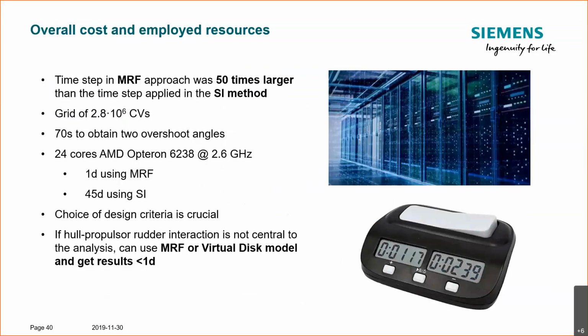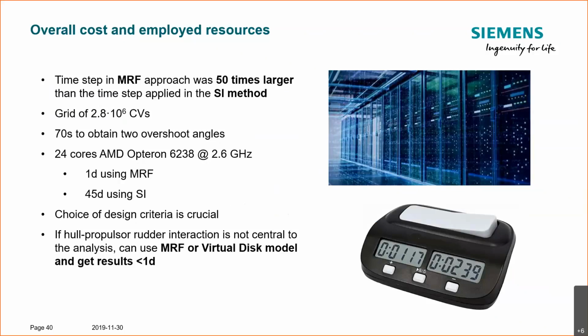So now let's talk about costs. First of all, the time step in the moving reference approach was about 50 times larger than the one in the sliding interface method. The grid that was used was roughly 3 million cells. The paper features a discretization sensitivity study, so that was an admissible and reasonable thing to do.